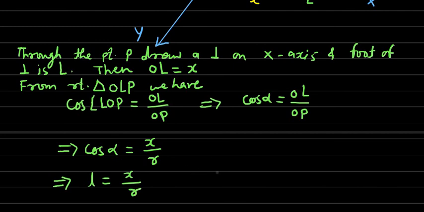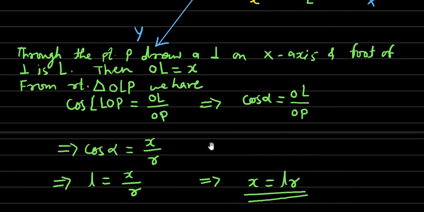This is the relationship, and L equal to x by r can be written in a simplified form: if we transfer this r to the other side, then we will get x equal to LR, and this is the required thing that we wish to obtain.